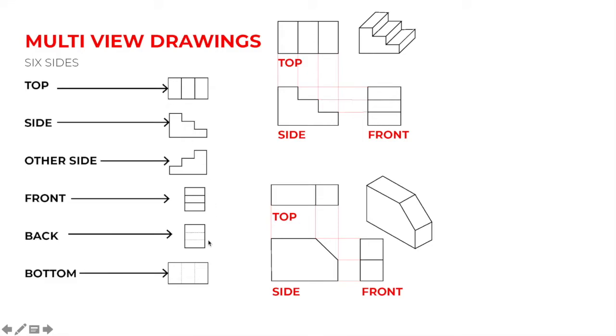If we're looking at it from the back, our convention in multi-view drawings is to create a hidden line to remind our viewer that they are looking at something that's not just a solid box, that they are in fact looking at a stair-step construct from the rear. So we use a hidden line to represent the lines that we can't see. Same thing goes for the bottom view. If you're looking straight up at this stair-step construct, we would use hidden lines to represent, again, the lines that we can't see.